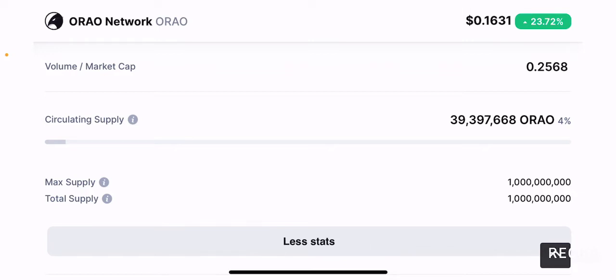This project will probably gain a lot of traction to be integrated within several Polkadot based blockchains, and it will also probably expand its reach to projects outside of the Polkadot blockchain as well, right? Which is going to be something that will determine the success of the ORAO network. So although that is the case, the extremely high max supply, as well as the extremely low circulating supply, is a concerning part nonetheless, right?